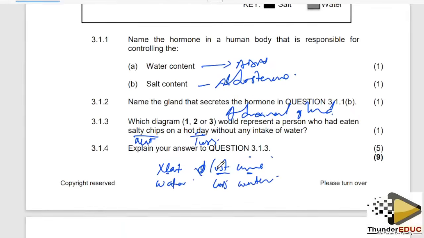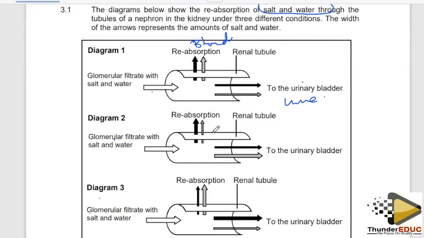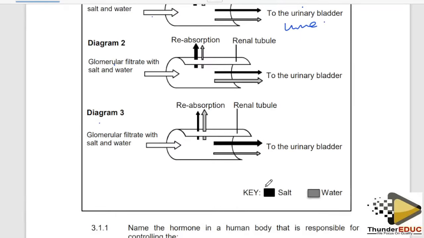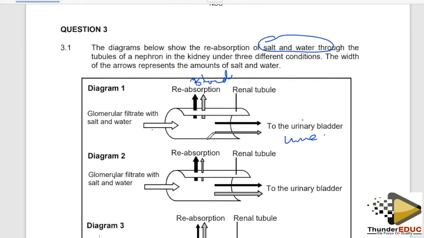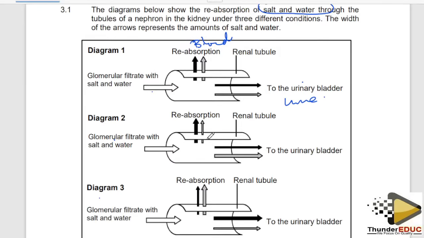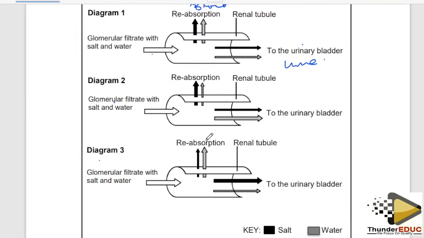So when I go to the diagram, I'm going to look for more salts lost, less water lost. Let's go. More salt. We say the salt is dark. More salt lost. Hey, more salt lost.